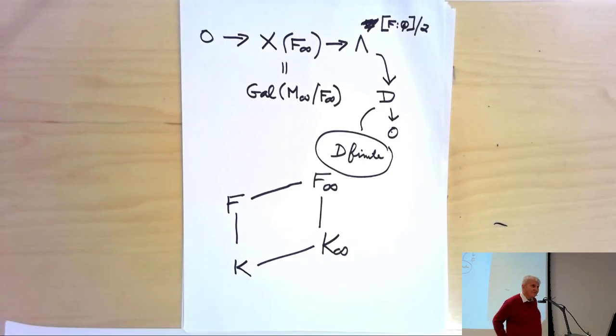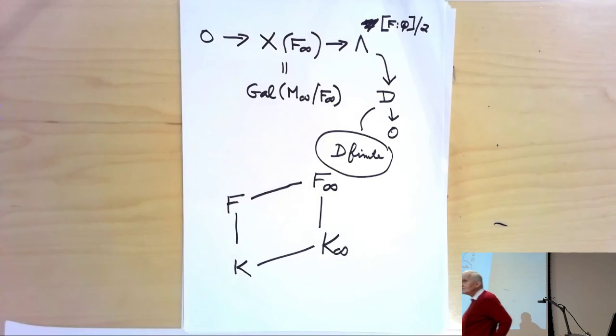Any questions? I was just wondering in that sequence, so this is the Galois group of the maximal abelian pro-P extension unramified outside P, right? Yes. So why should it inject? Are you making any assumptions? I mean, why should it inject into the reflexive?